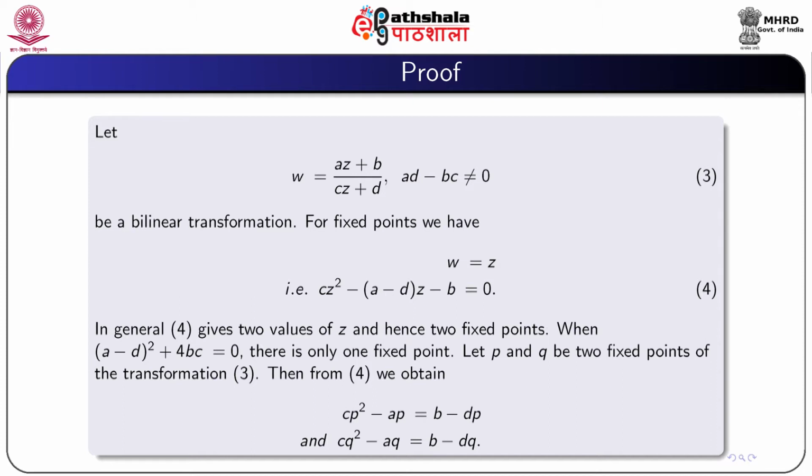If the discriminant, that is (a − d)² + 4bc = 0, then there is only one fixed point. Let p and q be two fixed points of the transformation w = (az + b)/(cz + d). Then from equation 4 we obtain cp² − ap = b − dp and cq² − aq = b − dq.